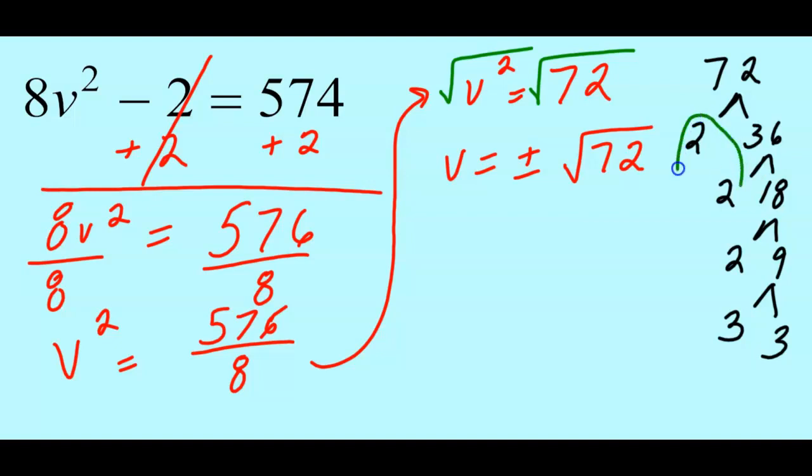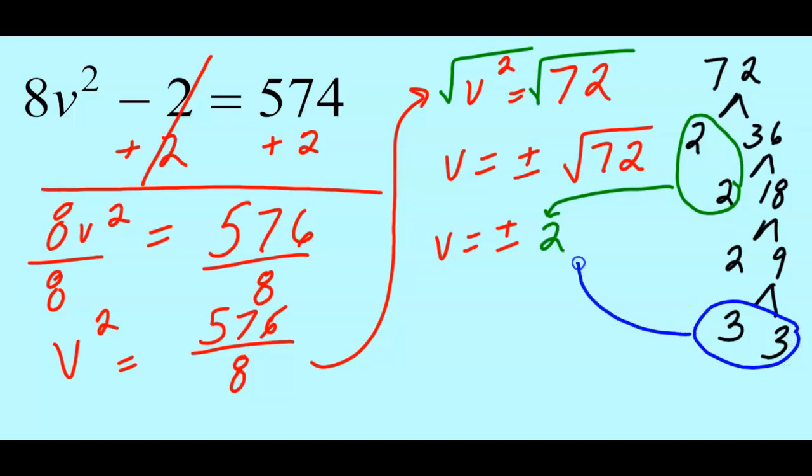So I have a 2, which means I can put a 2 out in front of my square root. I have a pair of 3's, so that means I can bring out a 3 in front of my square root.